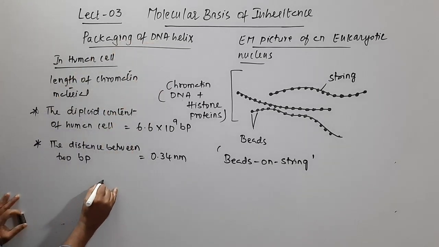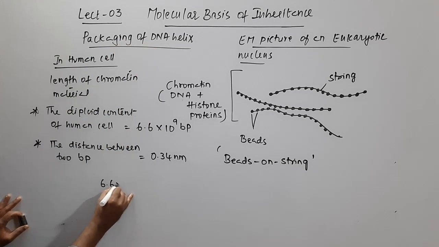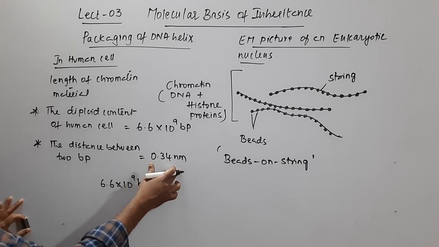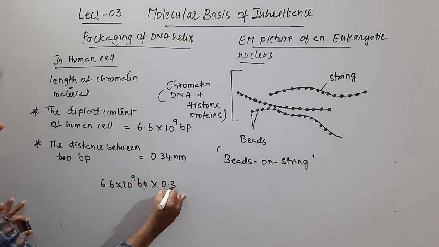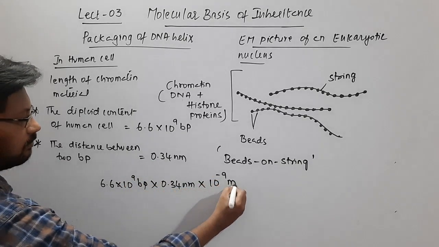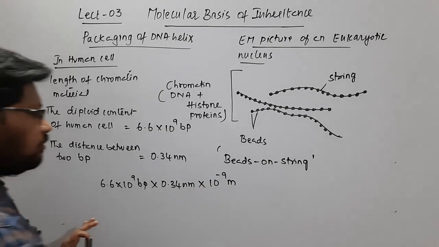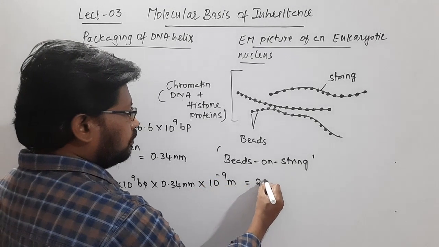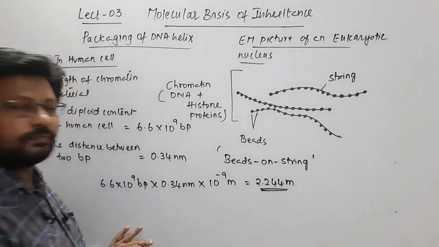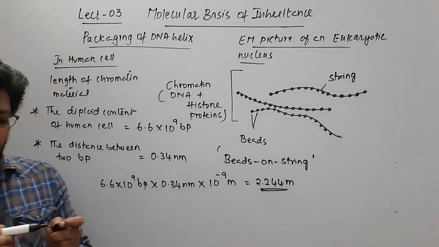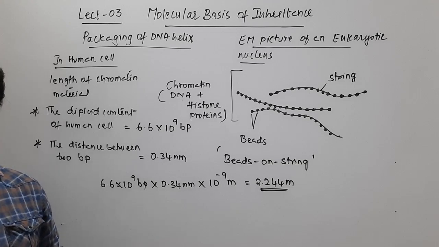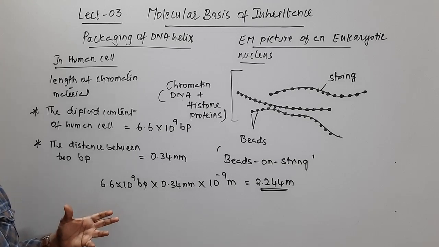For this I need to take 6.6 into 10 to the power of 9 base pairs into the distance between the two base pairs, 0.34 nanometers, that is 0.34 into 10 to the power of minus 9 meter. Then I'm going to get a value of 2.244 meter long.